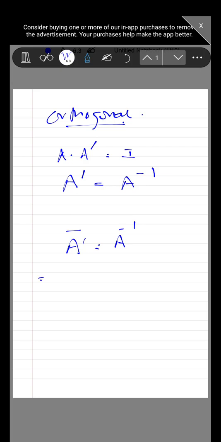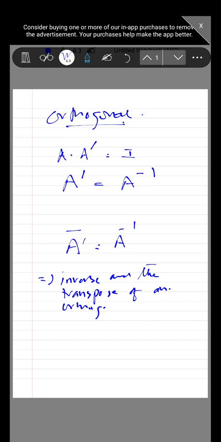So from these we can say that the inverse and the transpose of an orthogonal matrix are orthogonal.